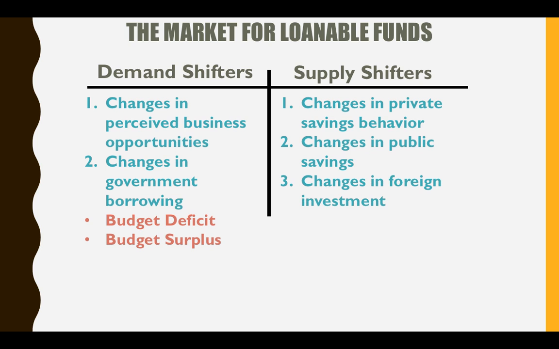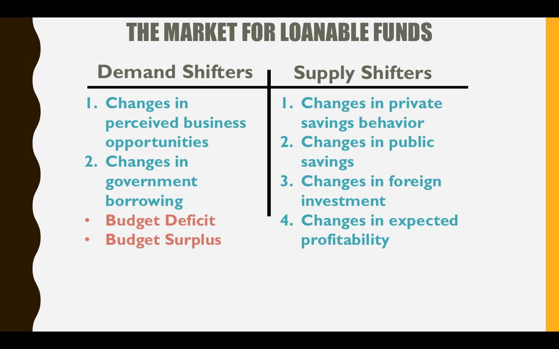Changes in foreign investment. When foreign money comes into the country, this is an idea we'll see later in Unit 7, it finds its way to the loanable funds market. Foreign investors think that the real interest rates are higher in the United States. They want to put their money here as opposed to their country. So that would increase the supply of loanable funds.